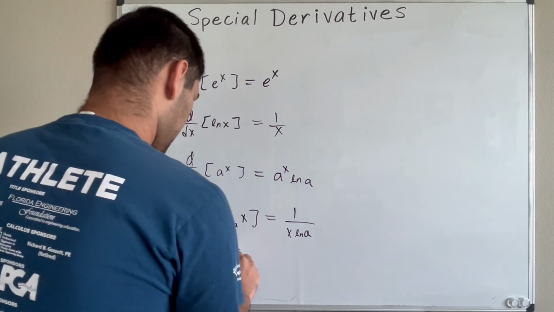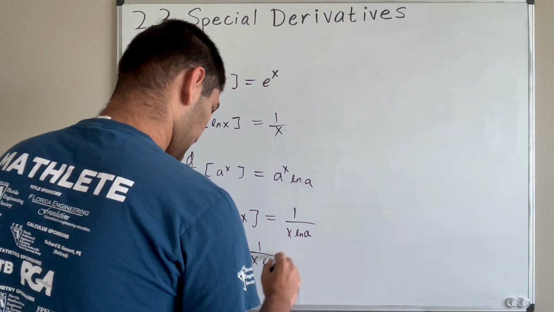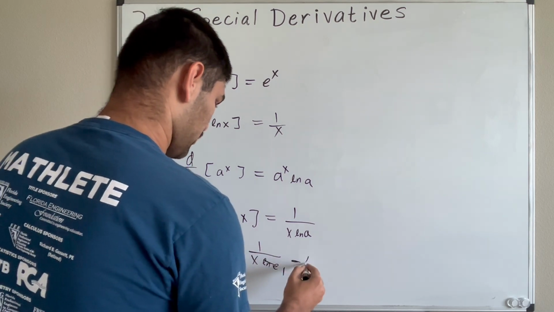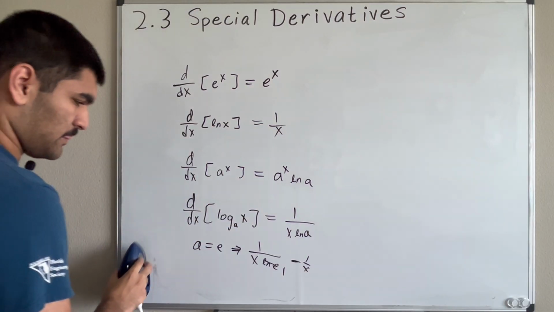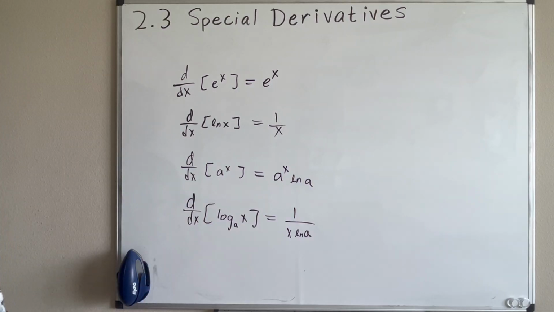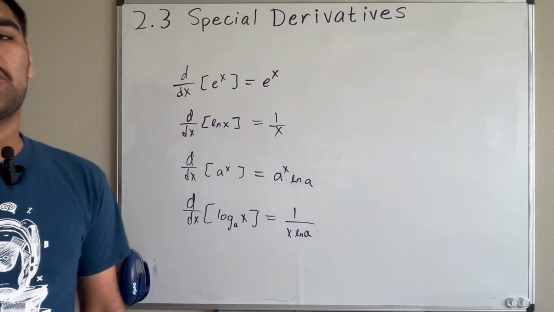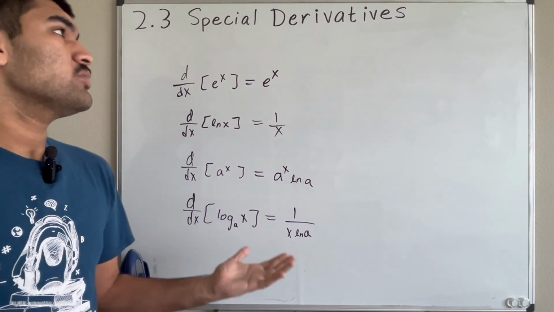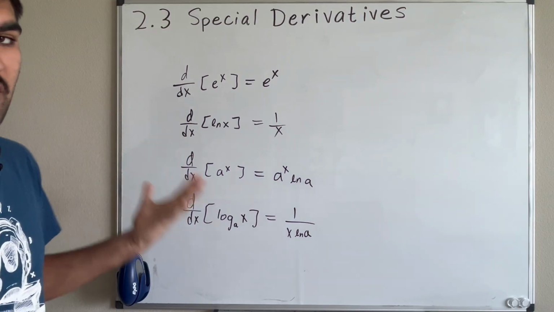And so you get 1 over x times the natural log of e. Again, that's just 1, so you get 1 over x. Hence, the derivative of natural log is 1 over x. All right, cool. But yeah, these 4 derivatives plus the 12 trig derivatives on the previous board, that's all the major special derivatives that you need to know for calculus.